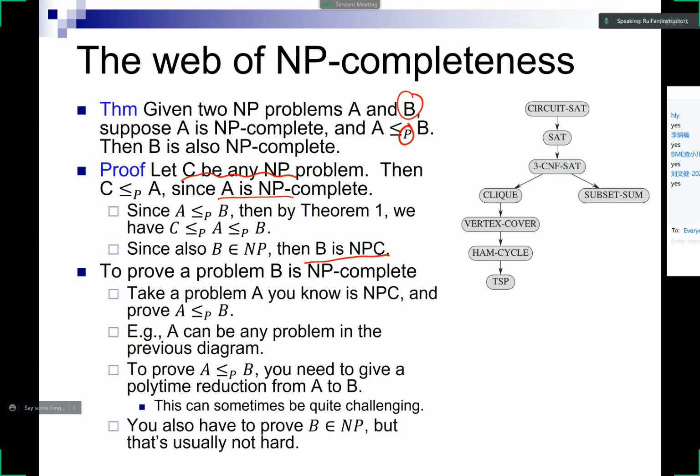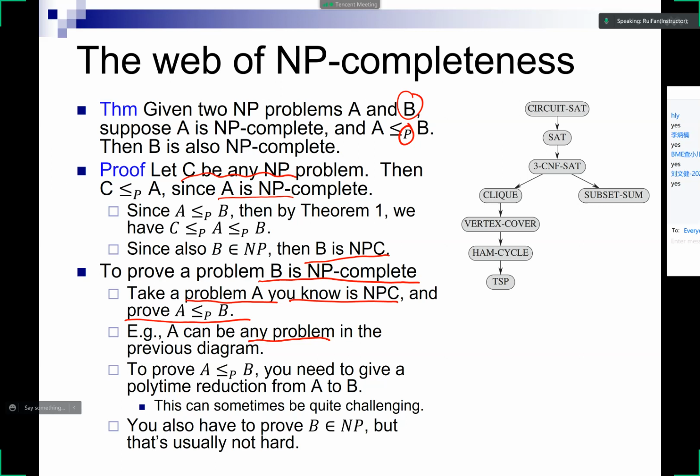Now to make use of this theorem, oftentimes we want to show that a problem B is NP complete. In order to do this, you can take some other problem A, and if you know that A is NP complete, and if you can prove that A polytime reduces to B, then this shows that B is NP complete. And A can be any NP complete problem. The nice thing is that you don't have to pick some particular problem.